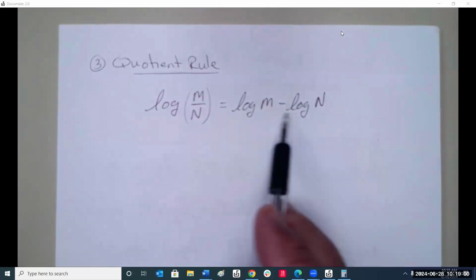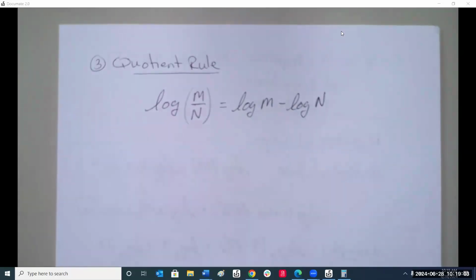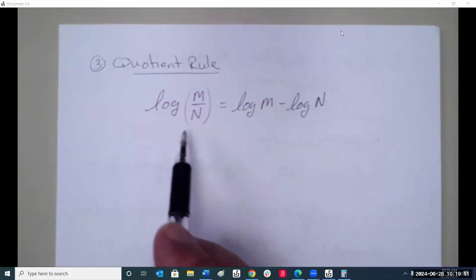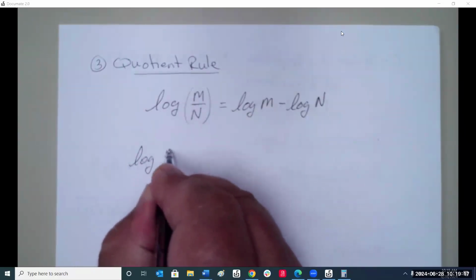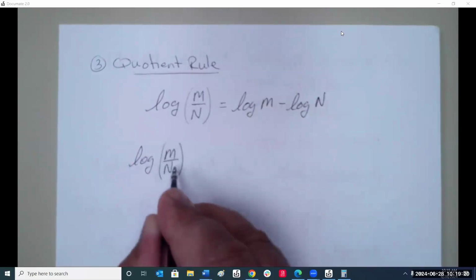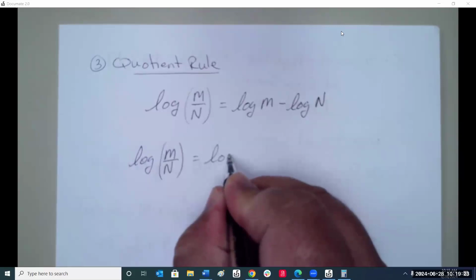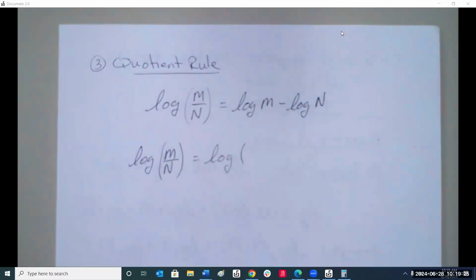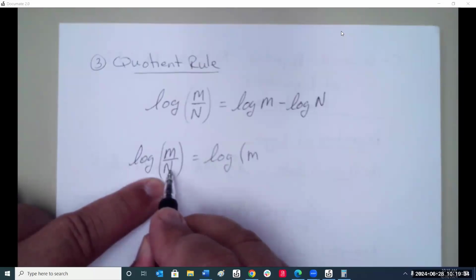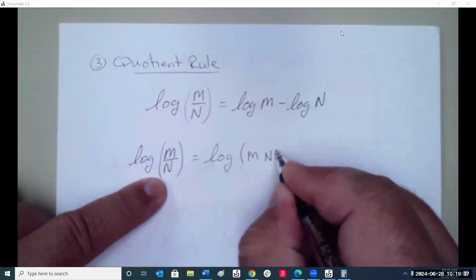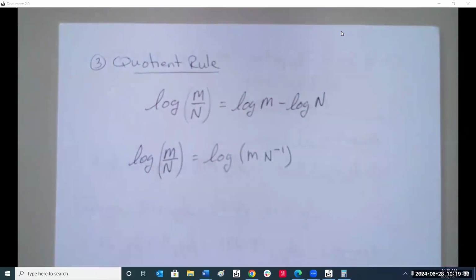Actually, I'll show you where this came from. I just said because the product makes things bigger, you multiply them. When you divide, you make things smaller, so you subtract them. But here's the reason why this is the rule. If we have a fraction here, we can rewrite that fraction as a product. The m is on top. I could bring the n from the bottom to the top by changing its exponent.